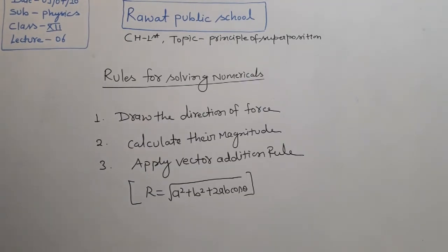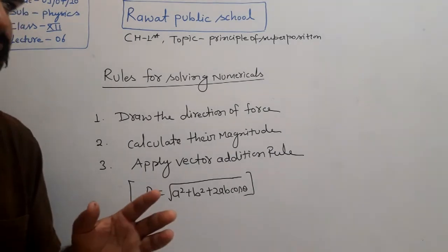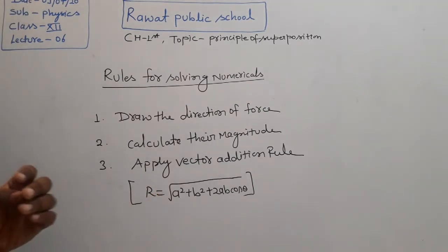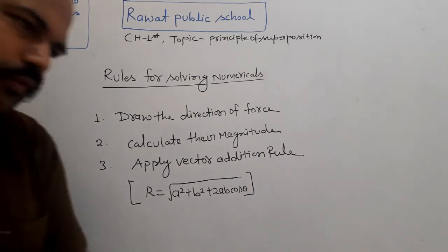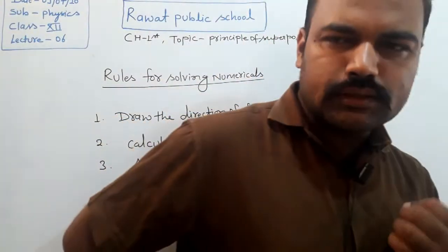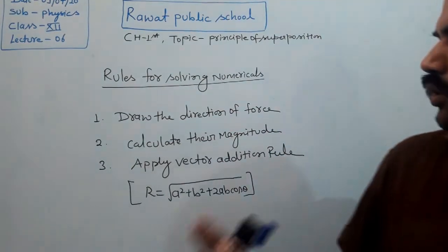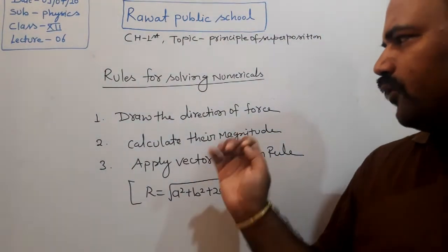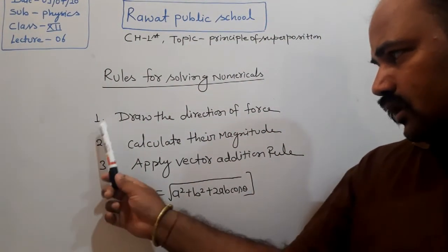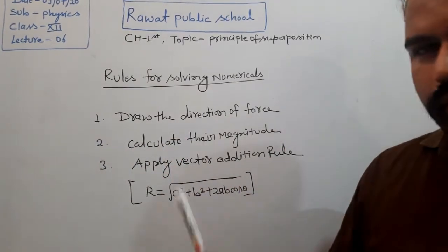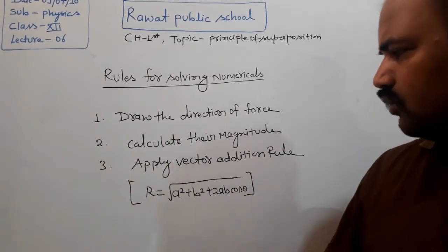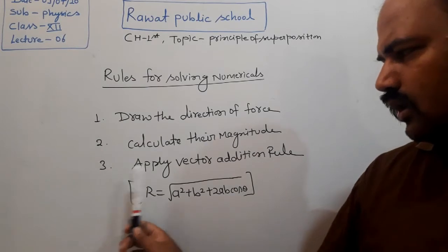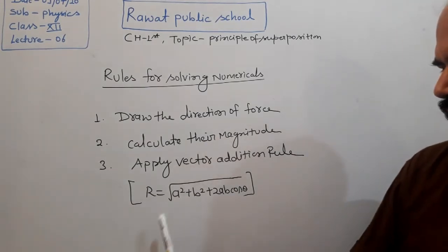For solving numericals related to the principle of superposition, when there are more than two charges in a system, we have to apply the principle of superposition. So the rules for solving numericals: the first rule is to draw the direction of force. Second rule, calculate their magnitude. Third rule, apply vector addition. What is vector addition?